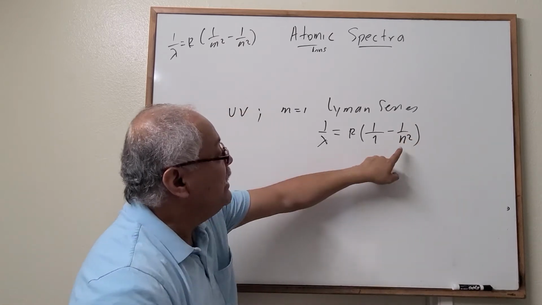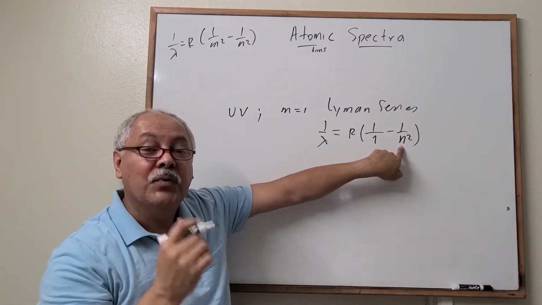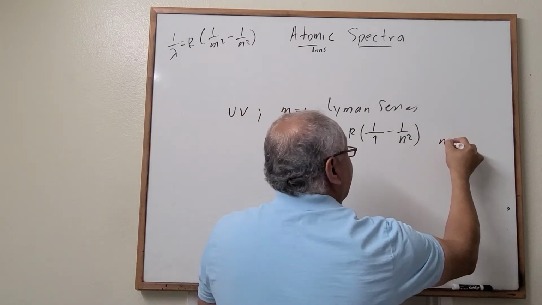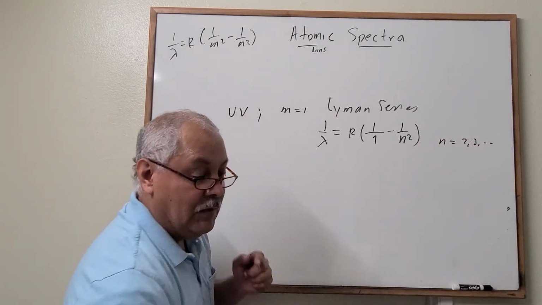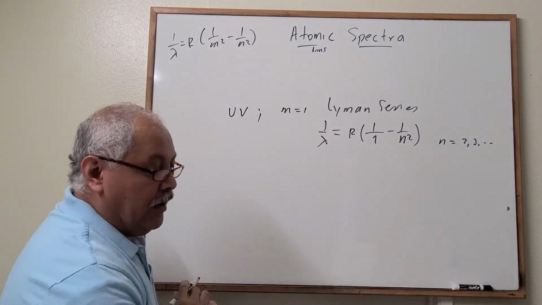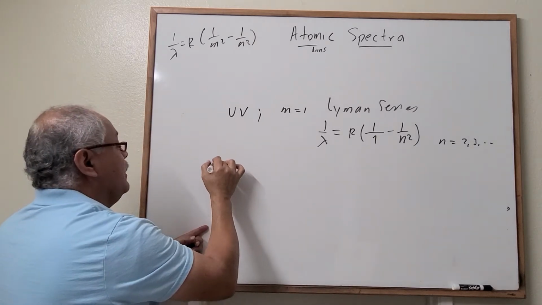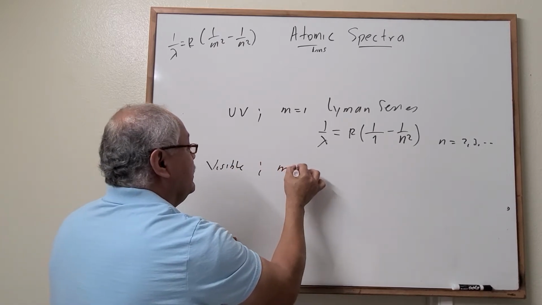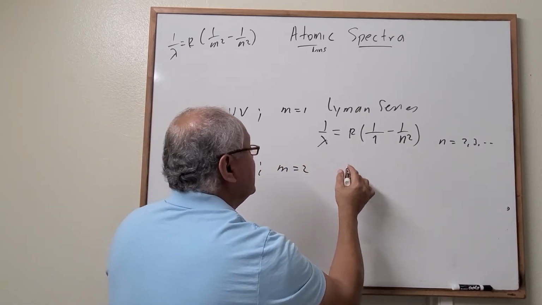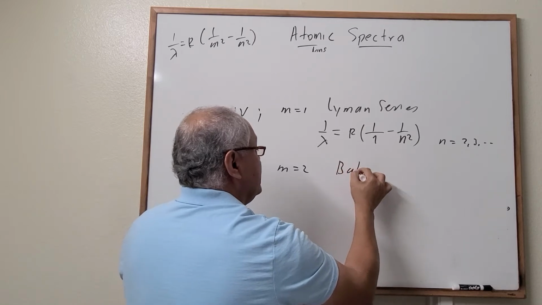In this case, n takes the values of 2, 3, and so on. Correct? Perfect. What about in the visible? In the visible, m is equals to 2, and these are called the Balmer series.